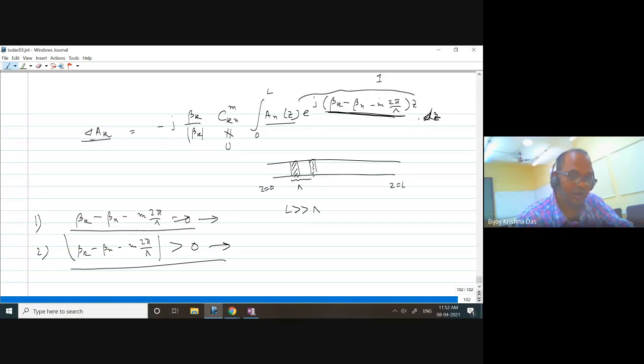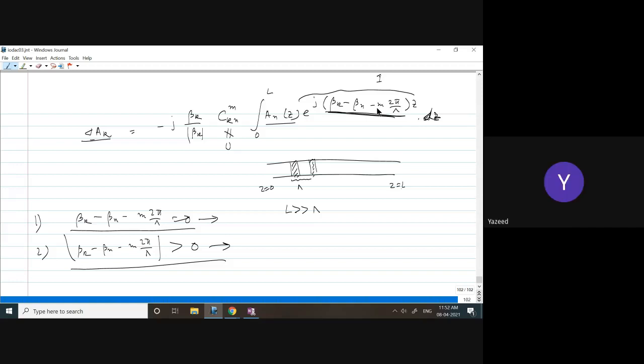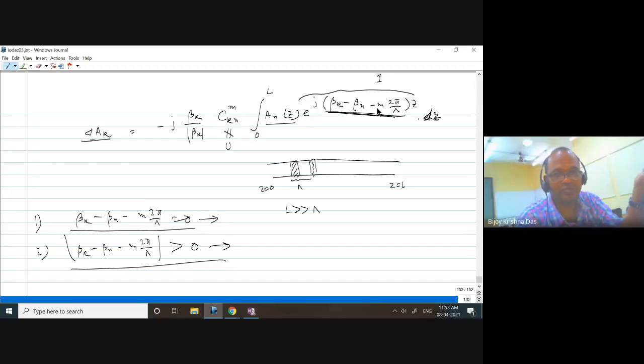But if it is not equal to 0, some value greater than 0, what will happen? This is a sinusoidal value. Anything sinusoidal you integrate, what you get? Plus, minus, it will go on, right? So ultimately, what would be the resultant? Any sine function, if you integrate over a period, what will you get? Zero. Several periods, you will get 0 also, right?